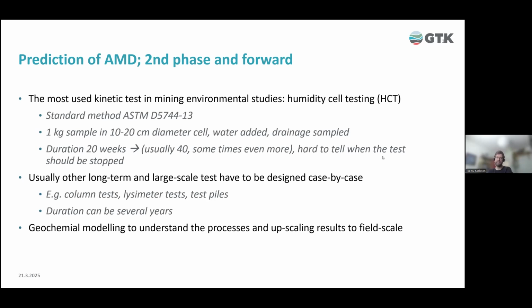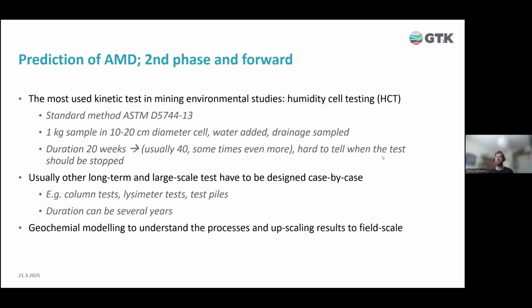The problem with this test is that sometimes it's a bit hard to say when you should stop the test. Some have been running this test for several years. But quite often after 20, 40 weeks, you can already say something about the mine waste. Usually other long-term and large-scale tests have to be designed case by case.